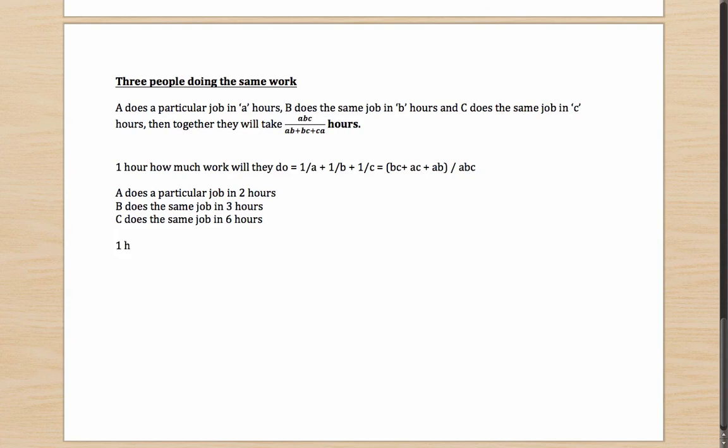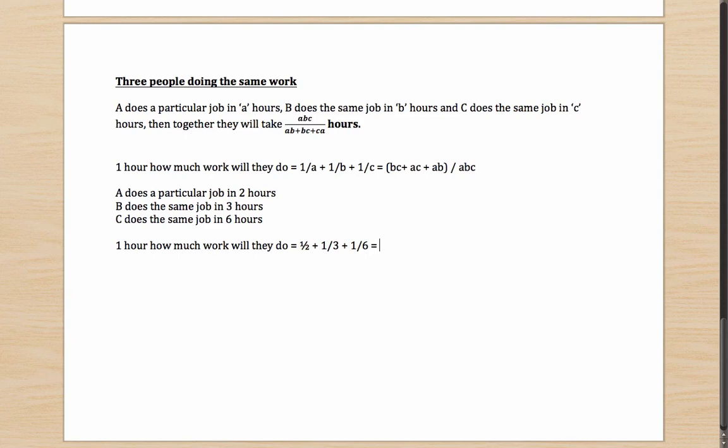Let us figure out in 1 hour how much work will they do. Using the ideas mentioned above, or simply speaking, how much work will A do in 1 hour? A will do 1 by 2. How much will B do in 1 hour? B will do 1 by 3. How much will C do in 1 hour? C will do 1 by 6.